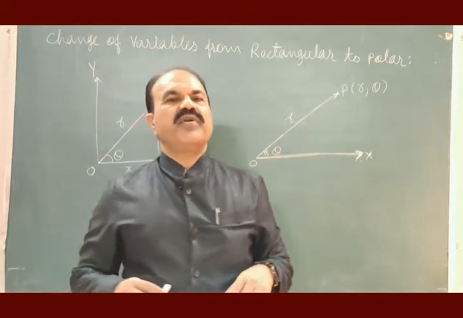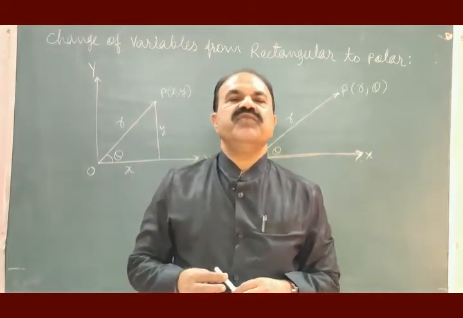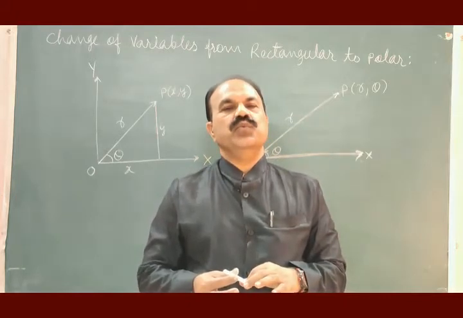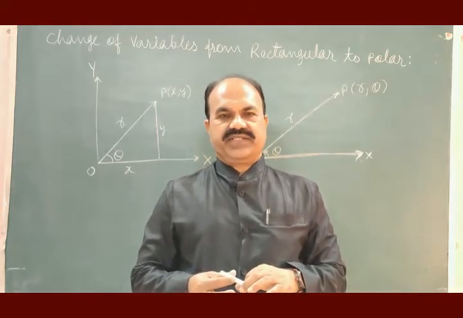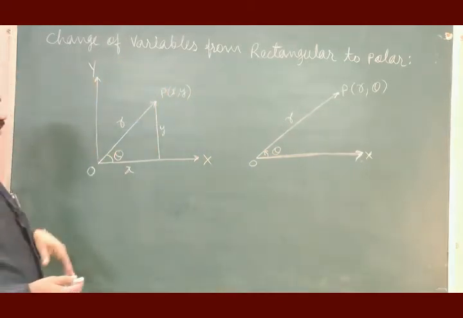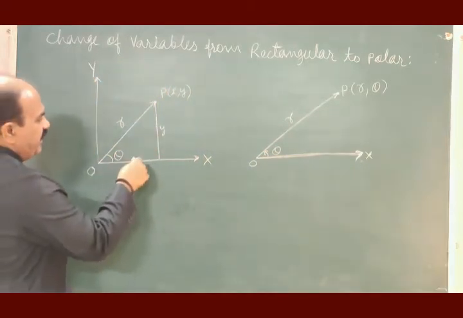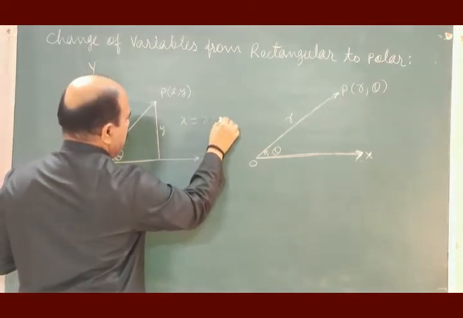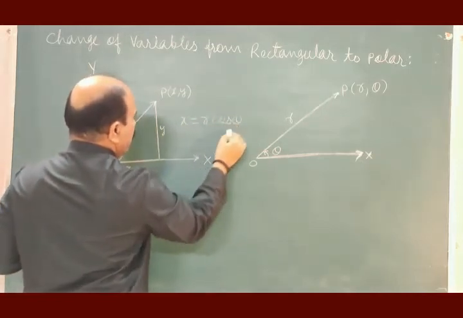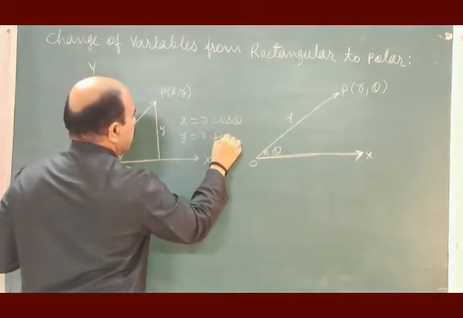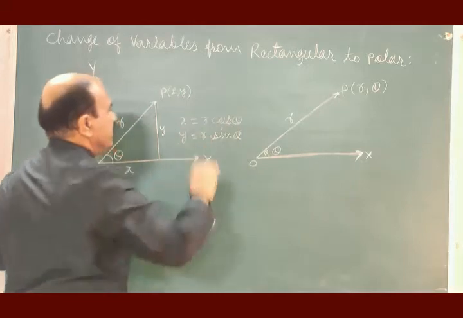What is name of our article? Change of variables from Cartesian to polar coordinates. Now here, what will be x? As you know, we have done this many times earlier, r cos theta. What is y? r sin theta.